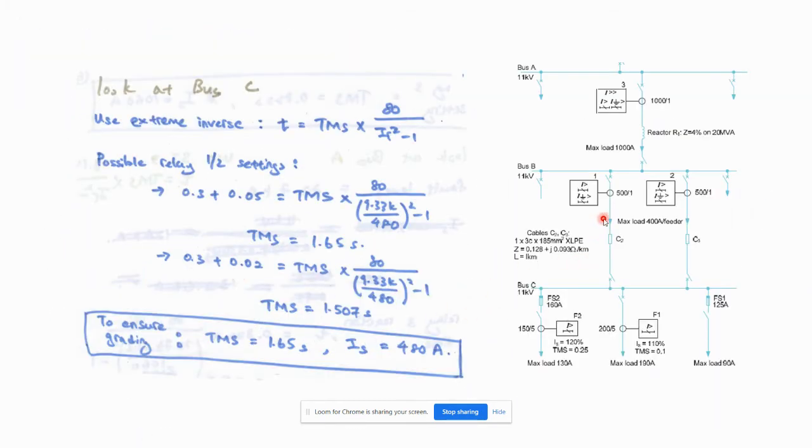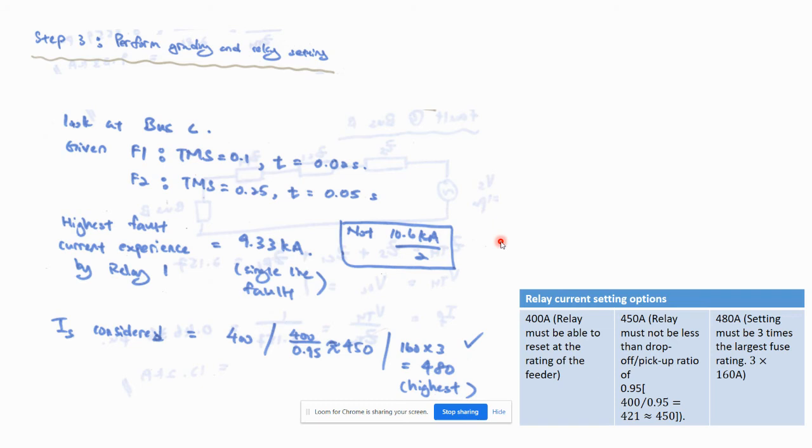All right. And then there's one more thing. The maximum load that these two feeders can sustain is only 400 amp. So the IS, which is the current setting that we will use in our setting curve, the extreme inverse curve, the standard curve, that we have to consider now is either 400 or 450. 450 is obtained by taking 400 divided by 0.95.